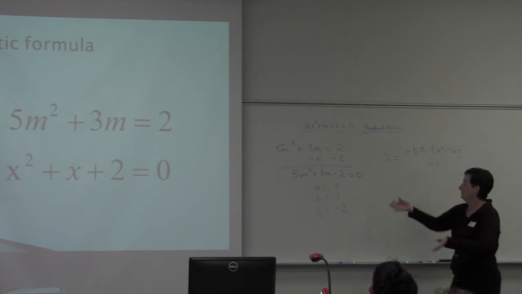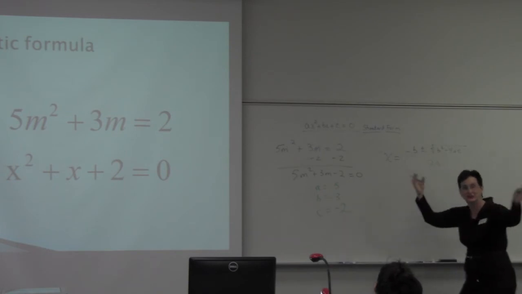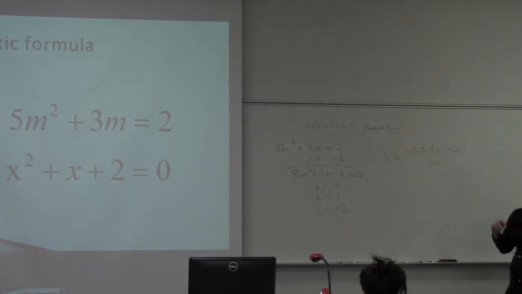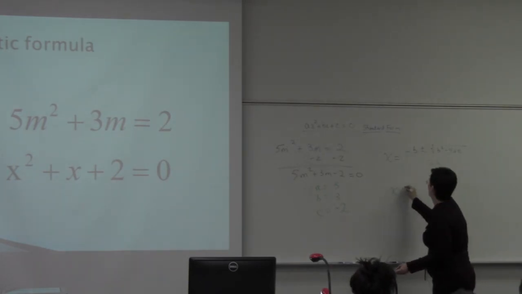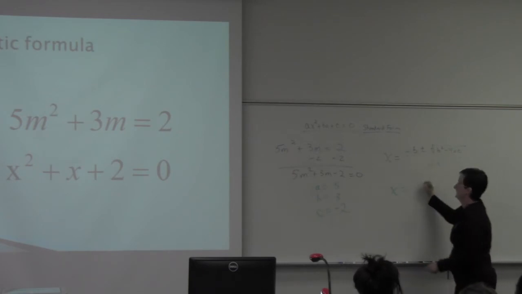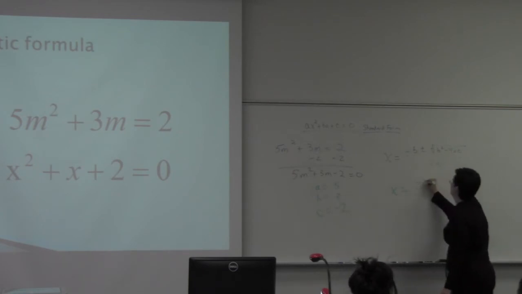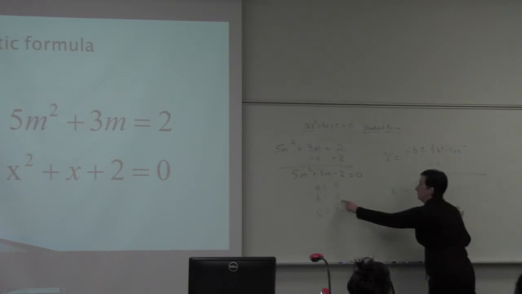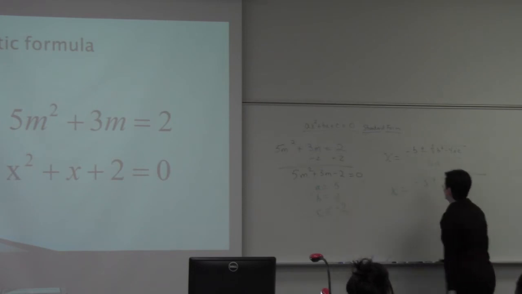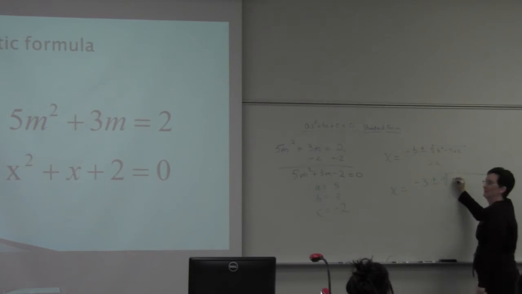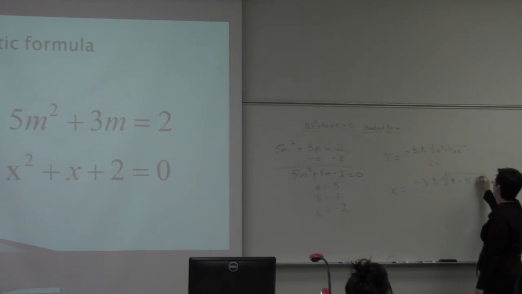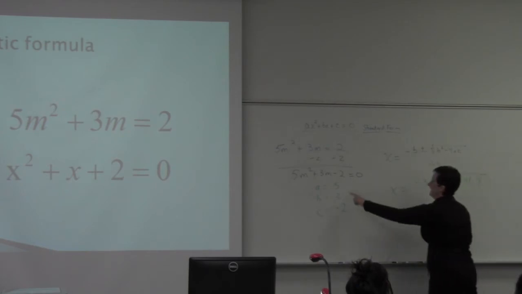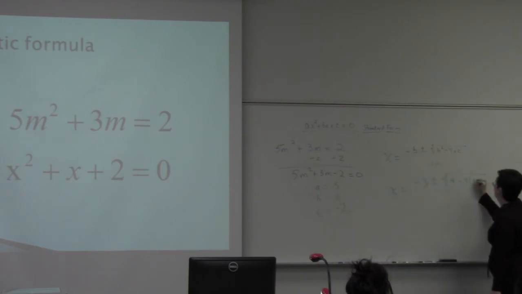And all you have to do once you've done this is plug it in. So let's practice. X equals -b. So that would be -3 plus or minus the square root of b squared, which is 9, minus 4 times A. A is 5.